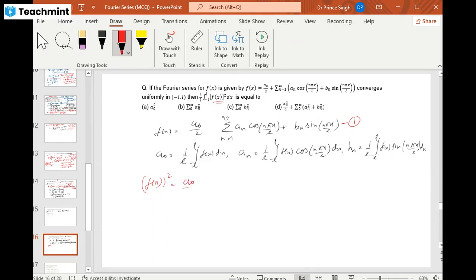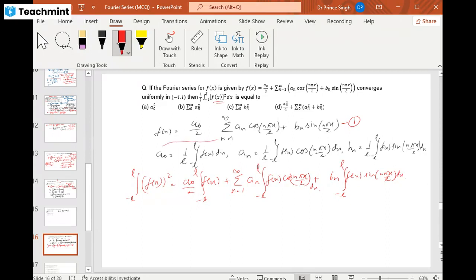We get a naught by 2 f of x plus summation n varies from 1 to infinity a n into f of x into cos n pi x upon L plus b n into f of x into sine of n pi x upon L. After that, we integrate it between the limits minus L to L. Because a n and b n are constants, we are integrating the rest of the function.